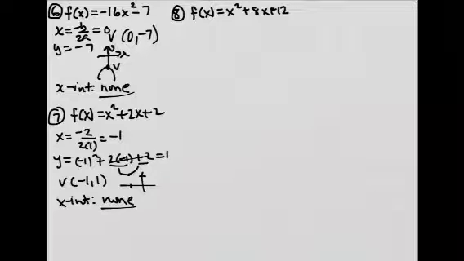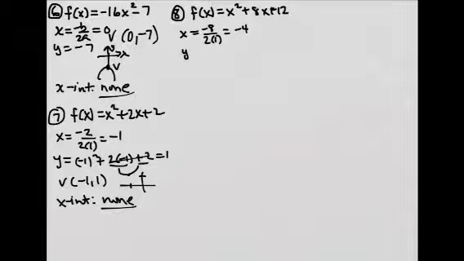Okay, so number 8, same question. They want the vertex and any x-intercepts. Different question obviously, but they want the same thing. So the x is -b over 2 times a, which is -4.